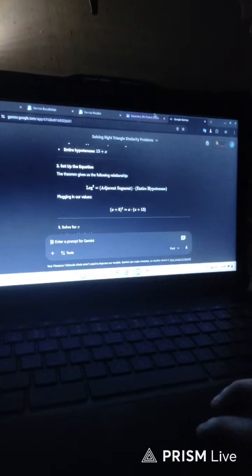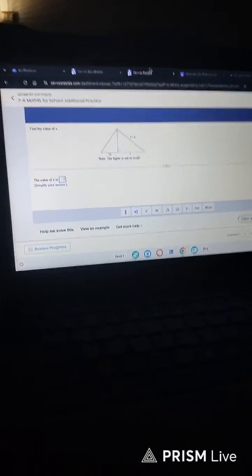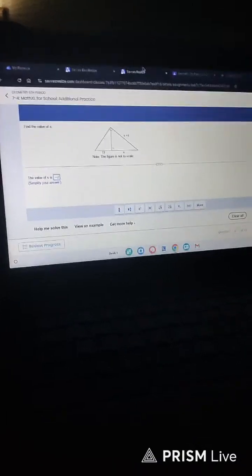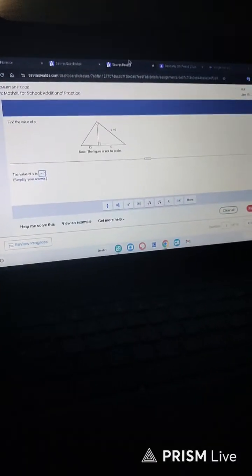Hello there, Leo. Set the equation like leg squared equals adjacent segment times entire hypotenuse. Oh yeah, that's why I was setting it up wrong. I have to do x times the entire hypotenuse, 13 plus x.